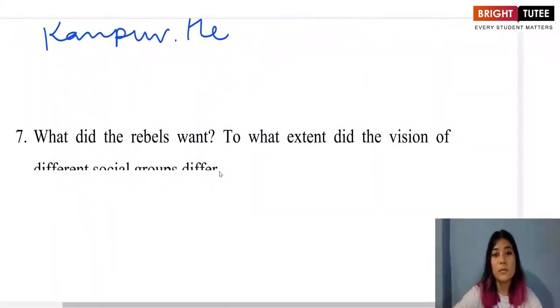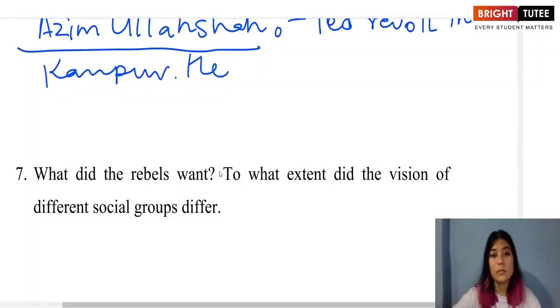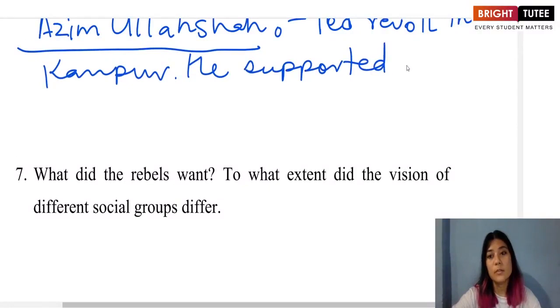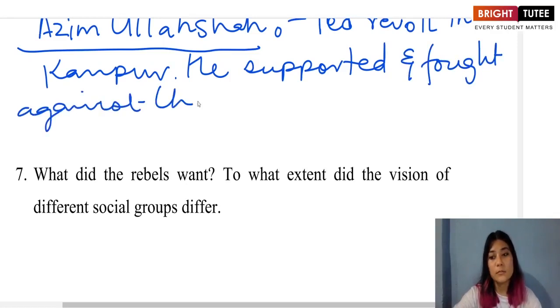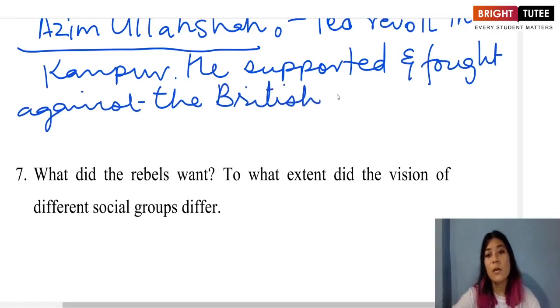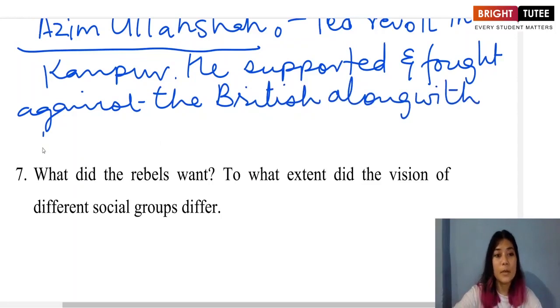He supported and fought against the British along with Nana Sahib.